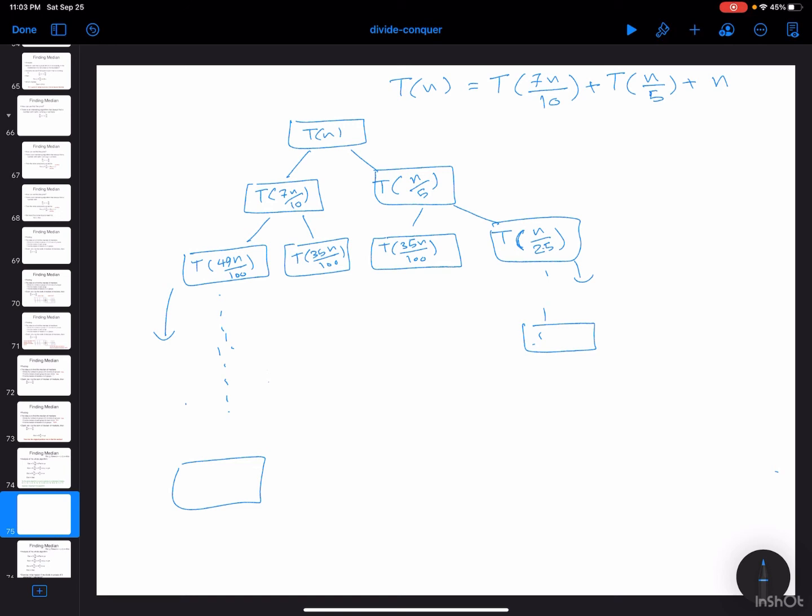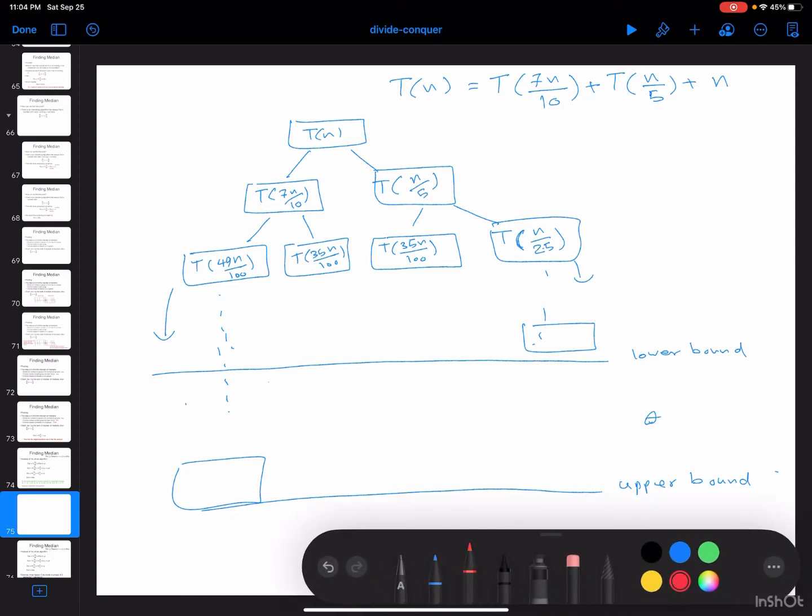What we can do is find a cost for the lower bound and a cost for the upper bound. We actually solved something similar to this in the previous video. If the lower bound and the upper bound are the same, we can say that the theta is going to be the same. Let's see if we can find the same cost.